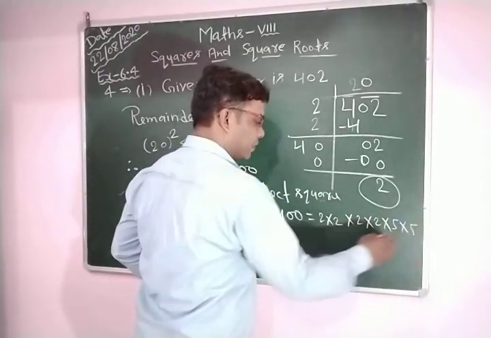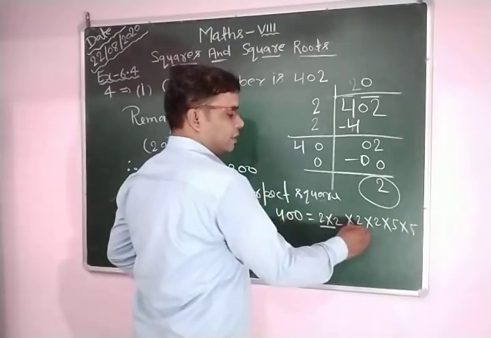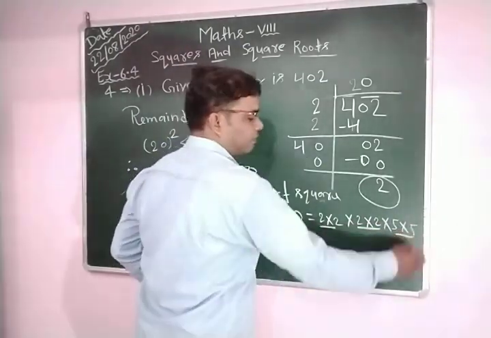Okay, so you can see here this pair of 2, this pair of 2, and this pair of 5.